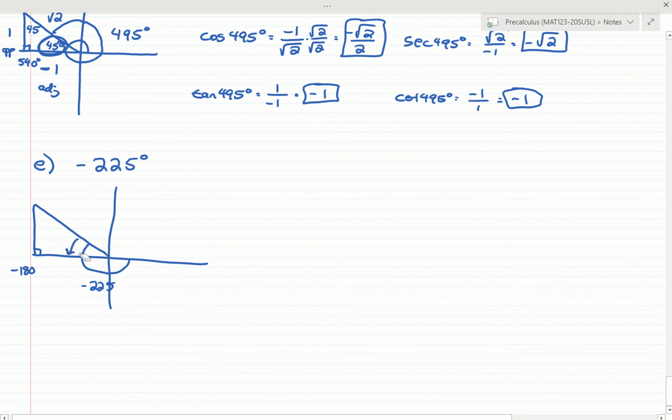How much did we pass negative 180 by? 45 degrees. We have another 45, 45, 90 triangle. Opposite the 45s are 1. The hypotenuse is root 2. Anytime you go left or down, it's negative. So the sine of negative 225, cosine, tangent.